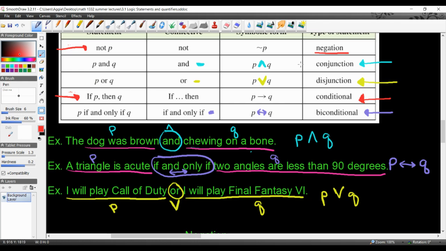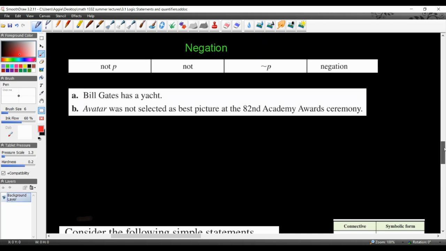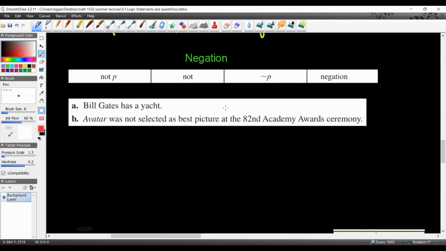Okay, so quick review on what these things mean. We're going to be referring to this chart quite a bit in this lesson. I'm going to scroll down, and there is that negation I was talking about. I went ahead and repasted the definition right here of negation. Remember that this part is, let me rewrite this here, the statements.